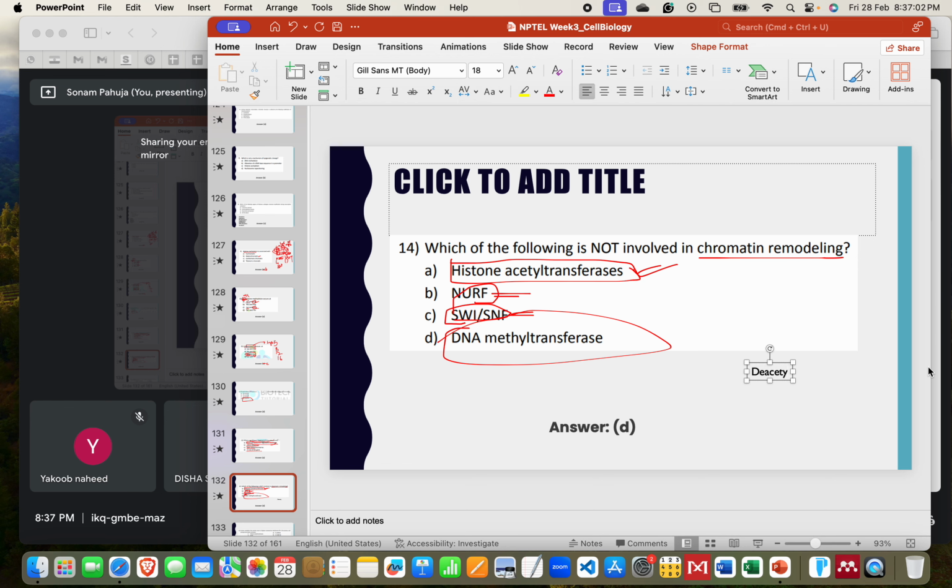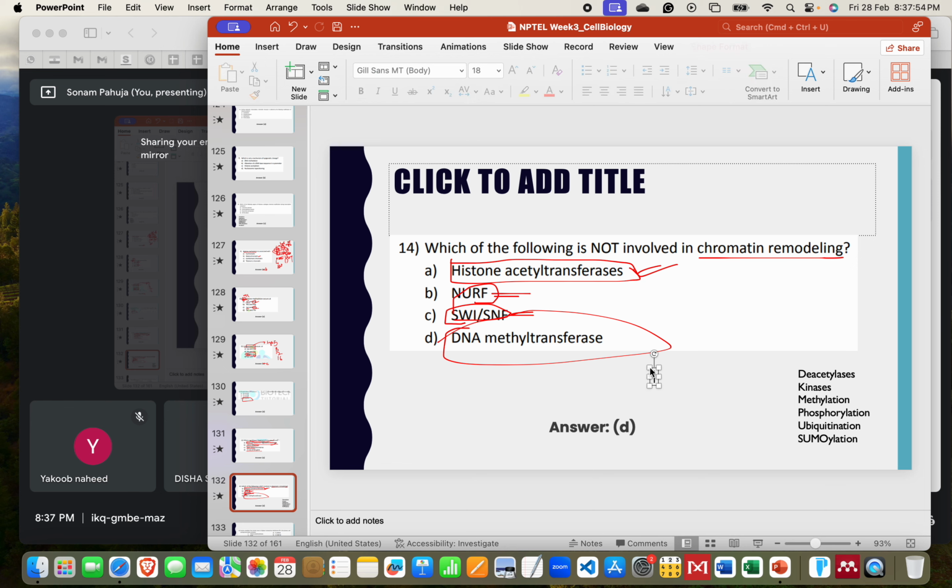So deacetylases, phosphorylation, methylation, ubiquitination, sumoylation, these are different chromatin remodeling mechanisms.